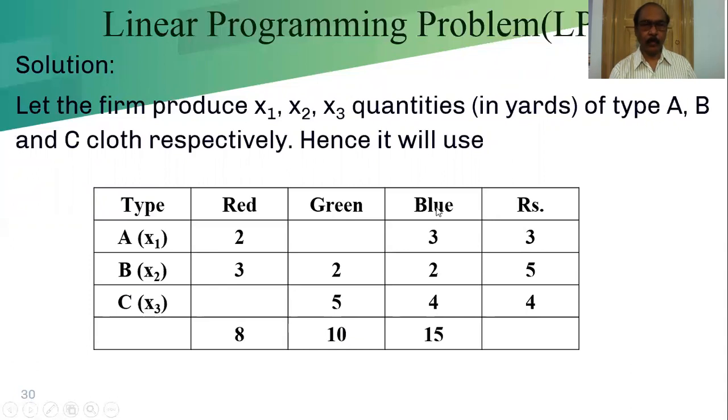For the blue wool, we use x1 for type A, x2 for type B, and x3 for type C. So 3x1 plus 2x2 plus 4x3 is less than or equal to 15.